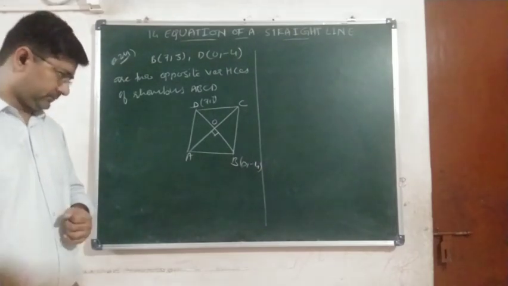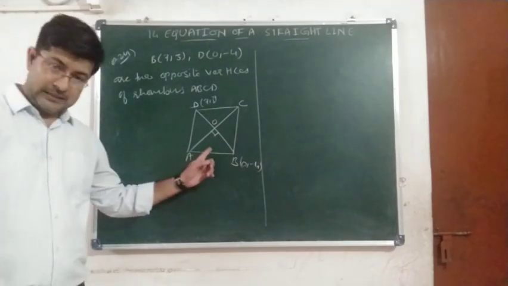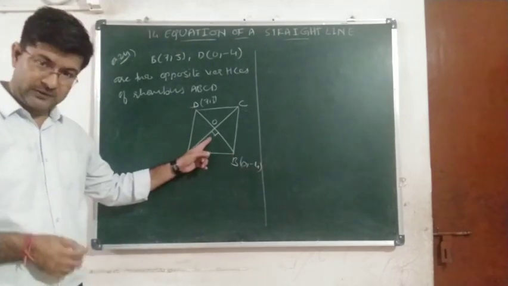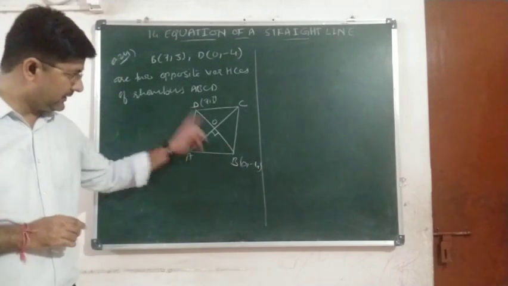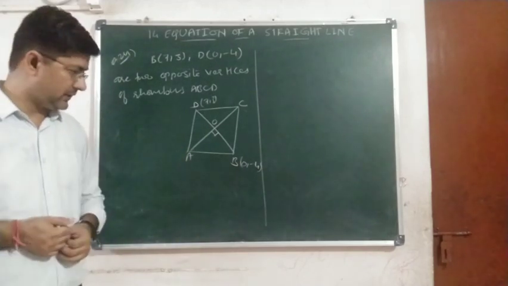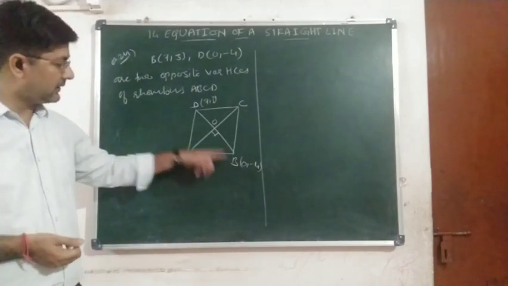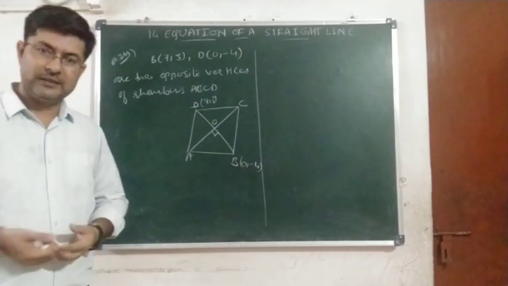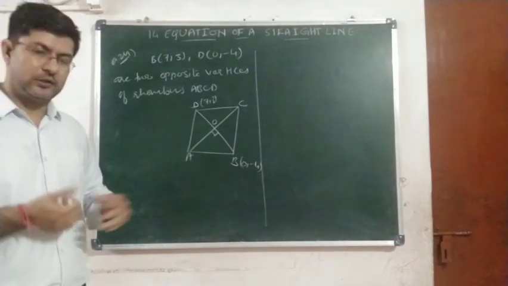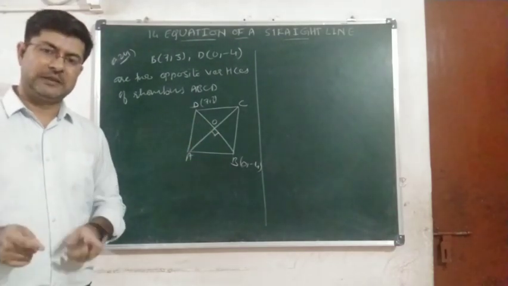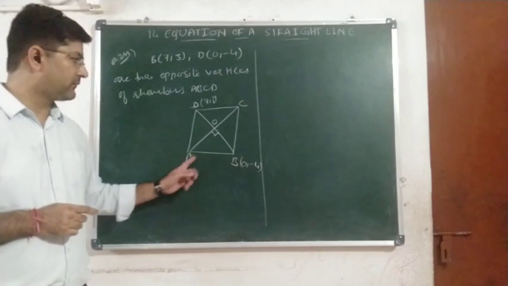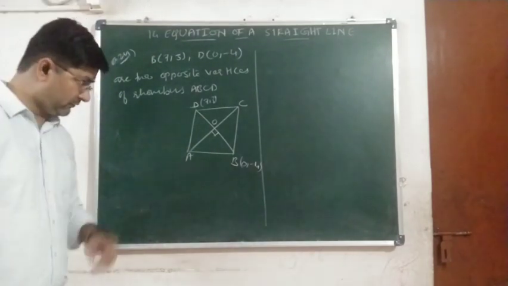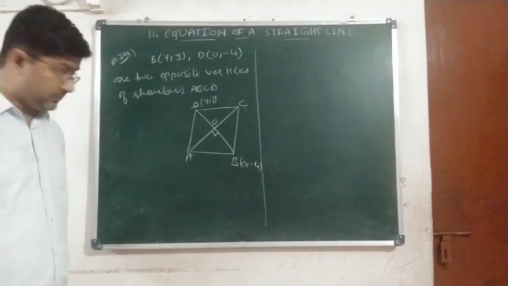And second thing, they bisect at right angles. So the angle formed at the point of intersection is 90 degrees. It means BD and AC are perpendicular to each other. Yes or no? So if you can calculate the slope of BD, then we'll get the slope of AC. Because AC is perpendicular to BD, the slope of AC will be the negative reciprocal of the slope of BD. Clear?